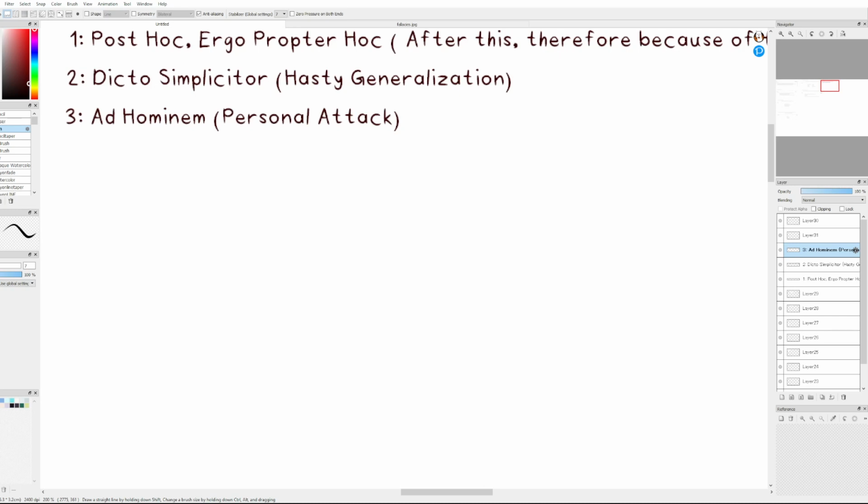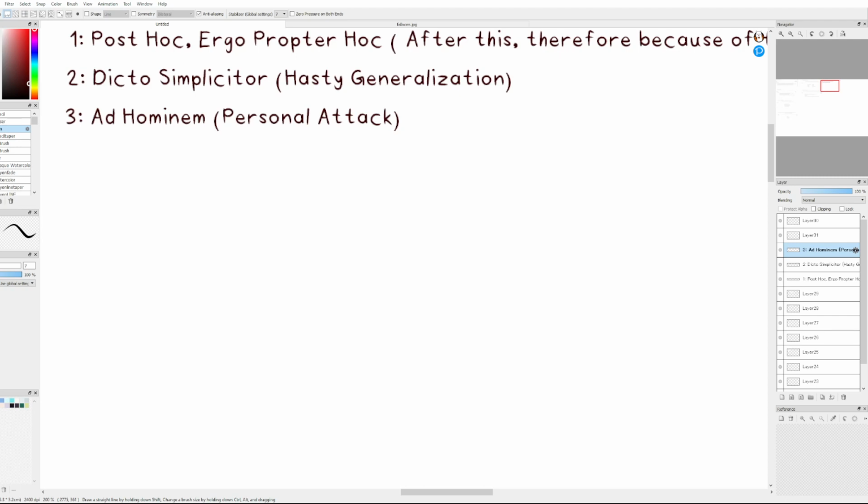So, something could be, you shouldn't be making legislation on smoking, on cigarettes, because you yourself are a cigarette smoker. That's where you're saying you shouldn't be saying this because you do this, rather than thinking about the base argument that they're making.